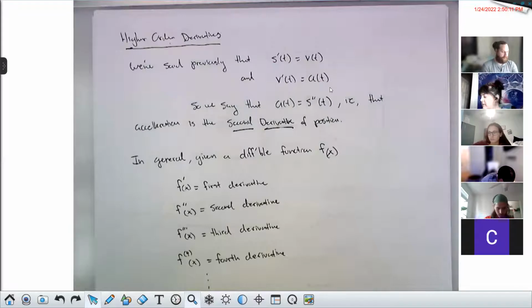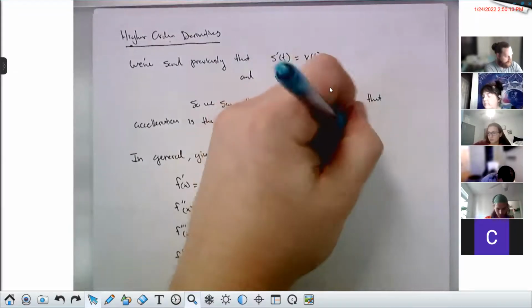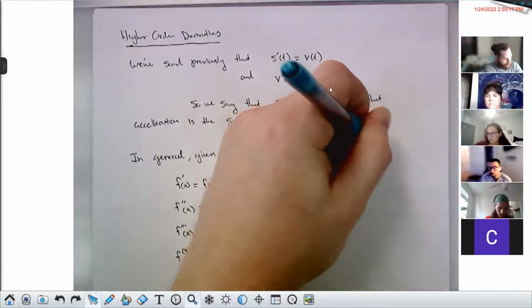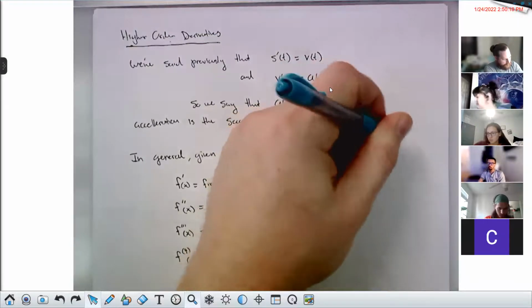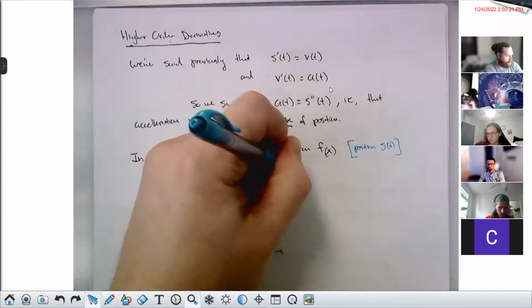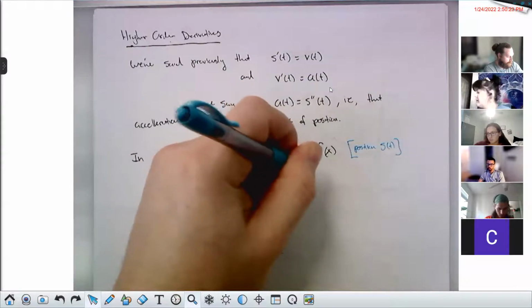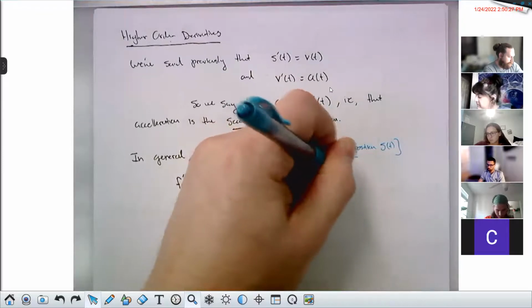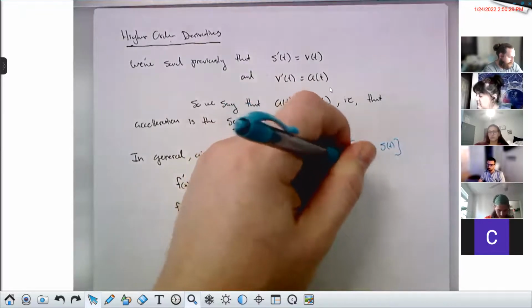If the original function is your position, s of t, then the first derivative we know is the velocity, s primed of t or v of t.